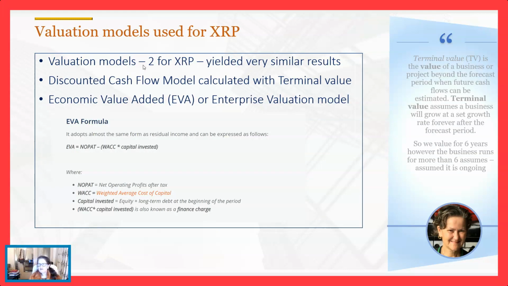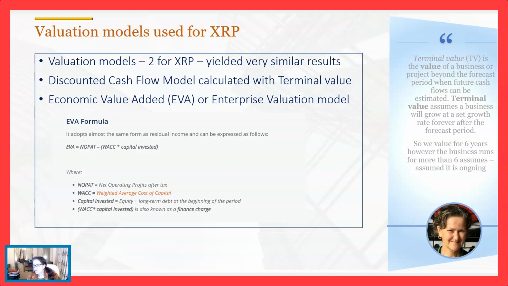So the valuation models I've used for XRP, as I said, are two models, and interestingly enough, they gave me very similar results, which shows me the robustness of these models. As I said, I use a discounted cash flow model calculated with terminal value, and economic value added. Because we do a discounted cash flow model for only 6 years, it assumes the business only lasts 6 years, but that's not the case.